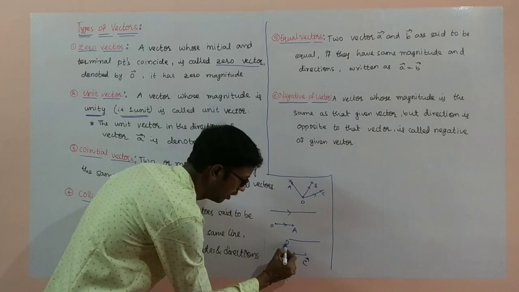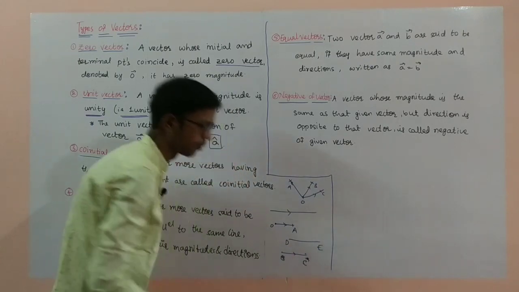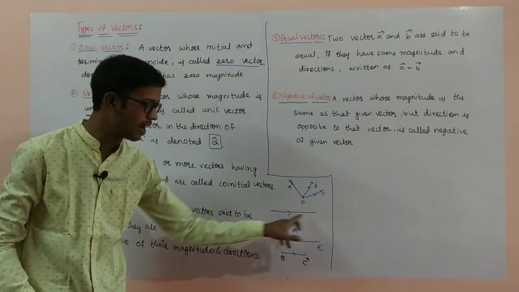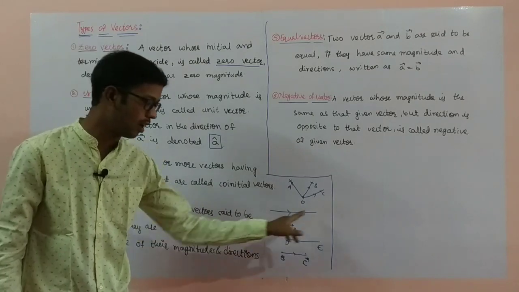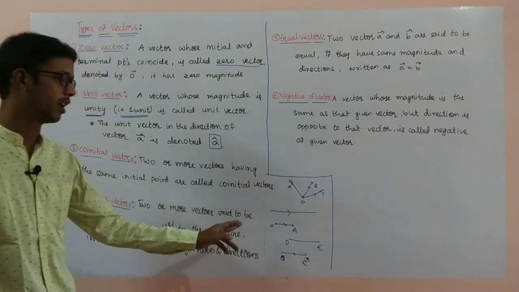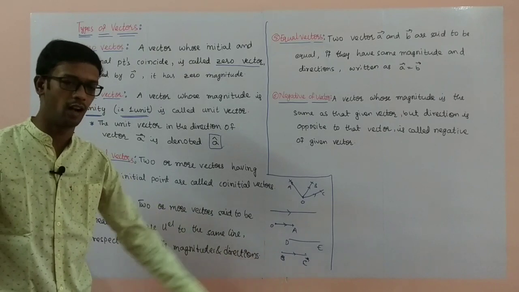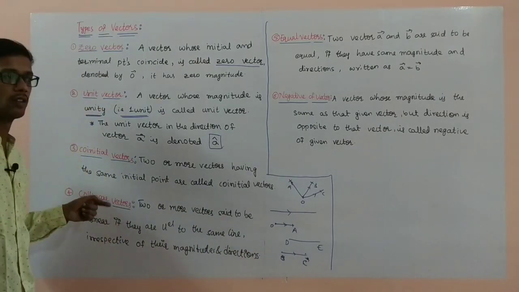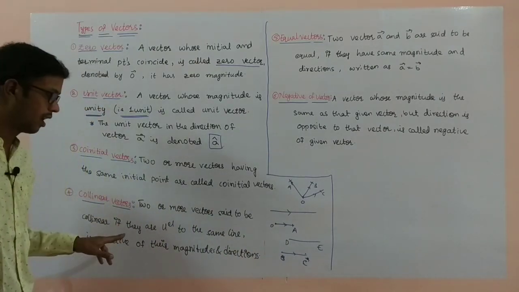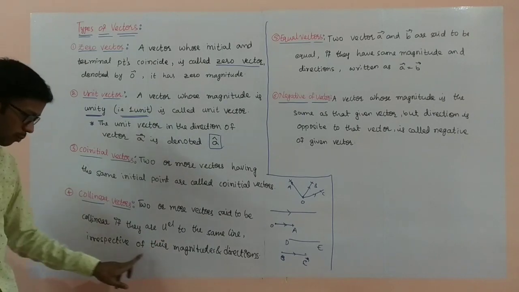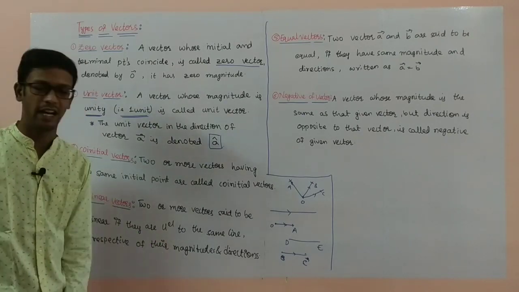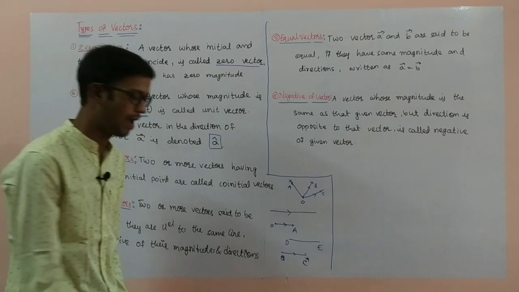You can take D, E. These three vectors are parallel to one same line. So that's why these three vectors are called collinear vectors. Two or more vectors parallel to the same line, irrespective of their magnitude and direction. No need to check the magnitude and direction.